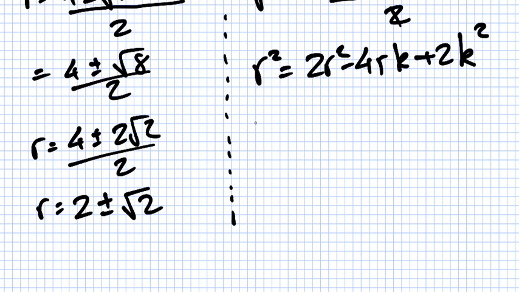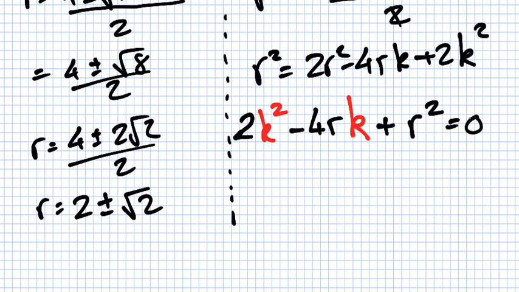Or if you want, that's 2k squared minus 4rk plus 2r squared minus r squared, so plus r squared equals 0.